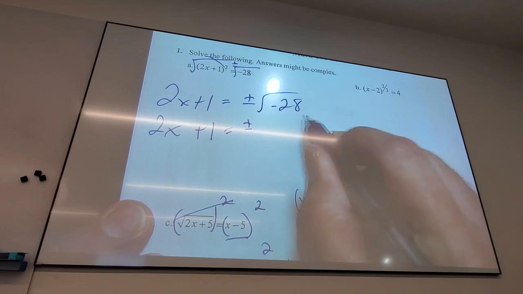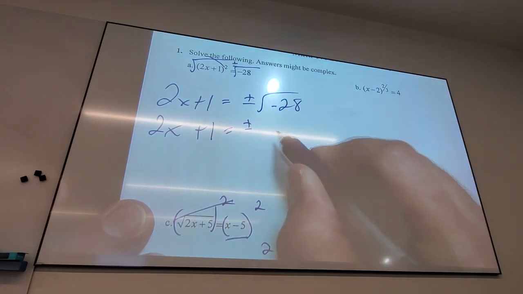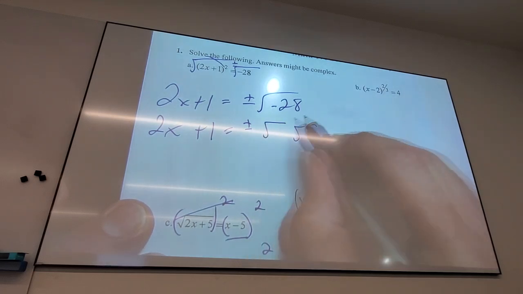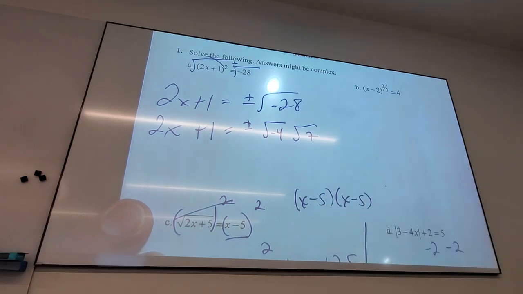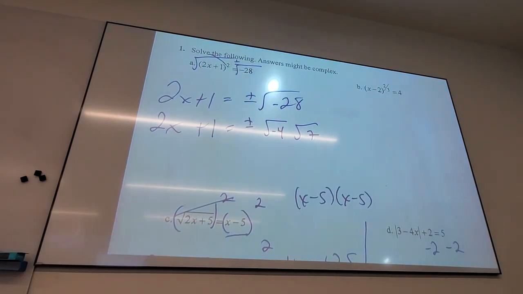How can I split this up? 7 times 4. Yeah. What's the square root of negative 4?